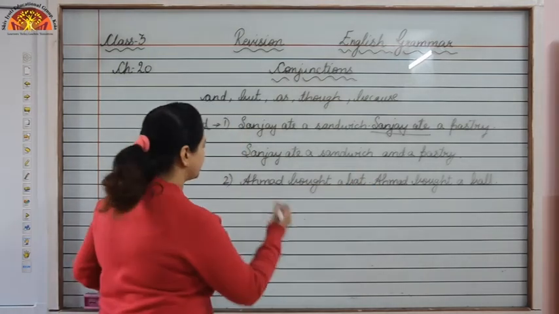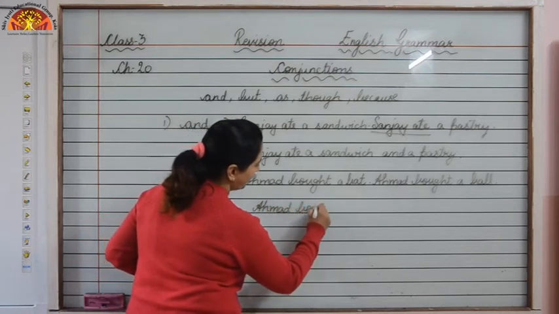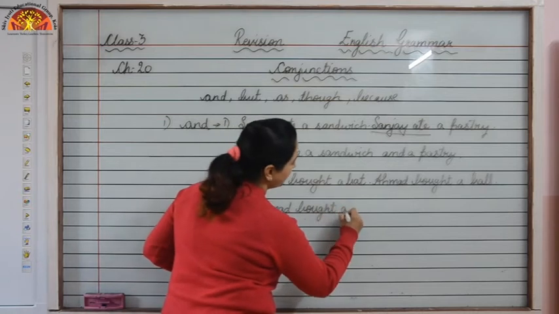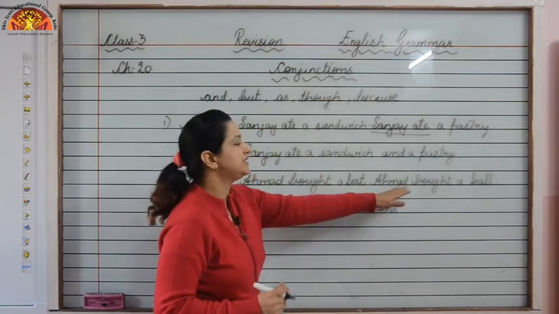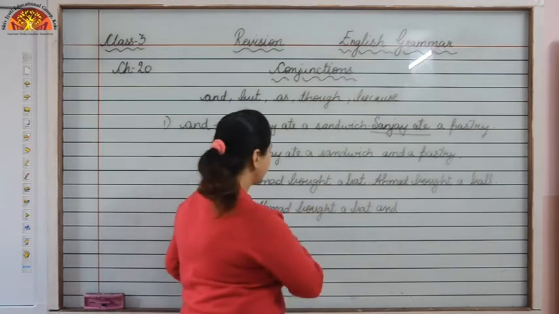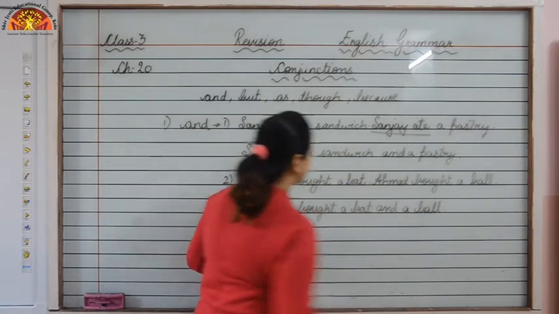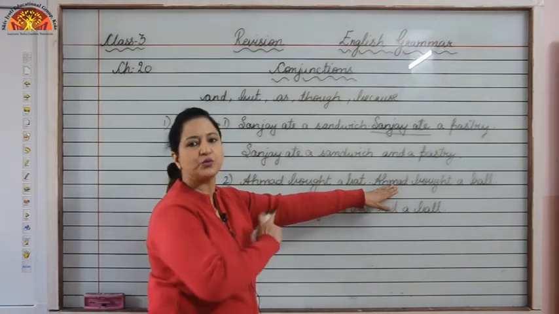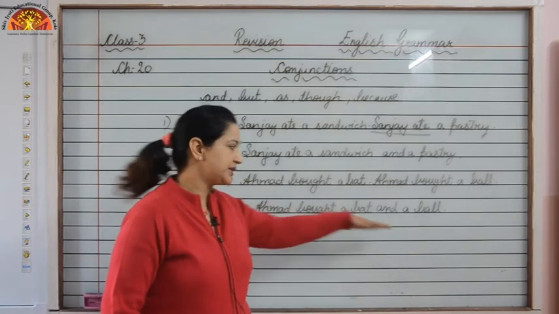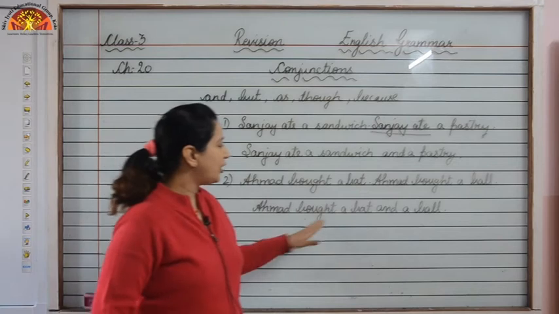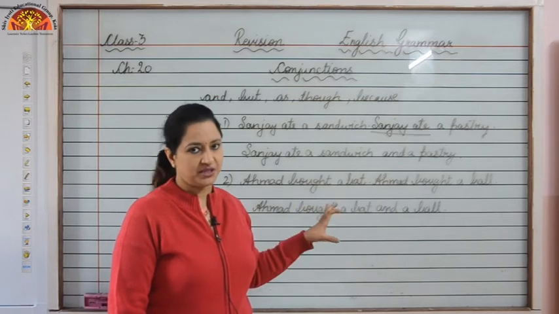So we will write: Ahmed bought a bat, and now I am joining these two sentences by using and. Ahmed bought a bat and a ball, because our subject is similar, one subject is doing similar things, so there is no need to write the similar subject again and again. Only use it once: Ahmed bought a bat and a ball. So this is the use of and in the sentence.